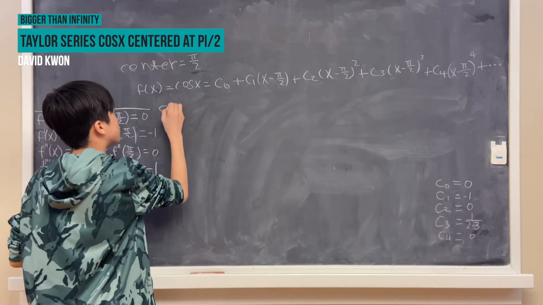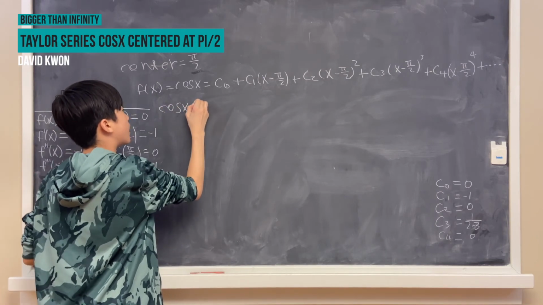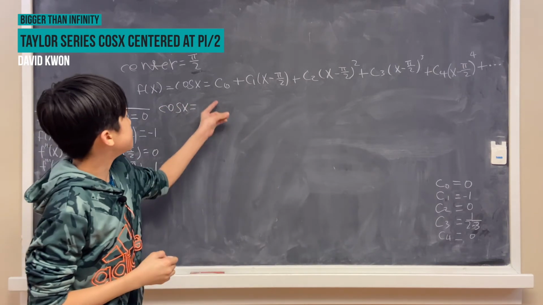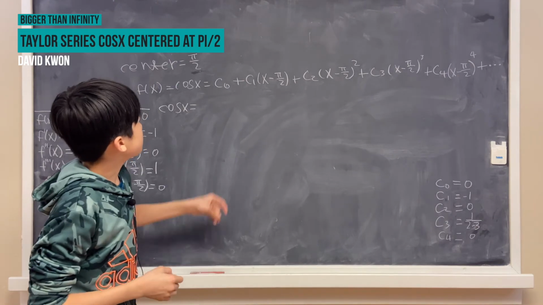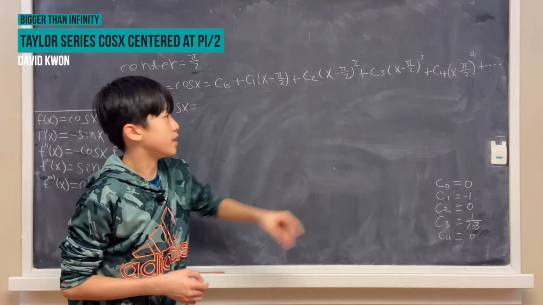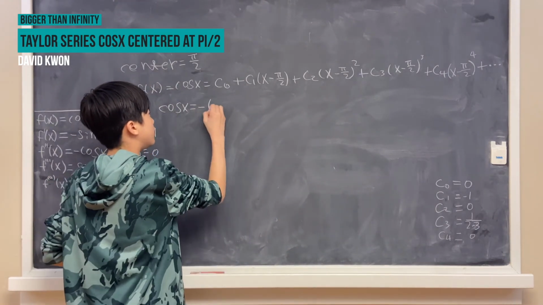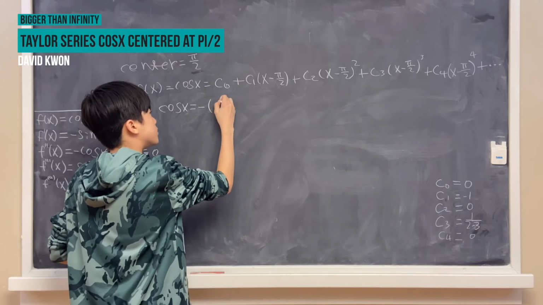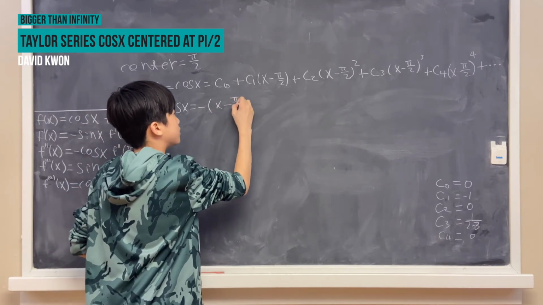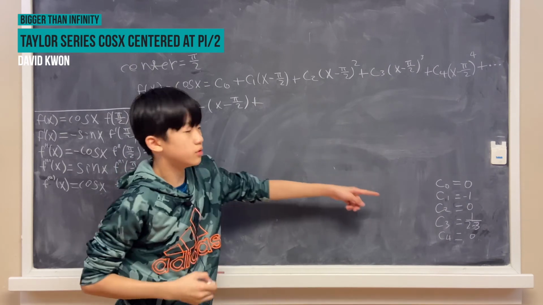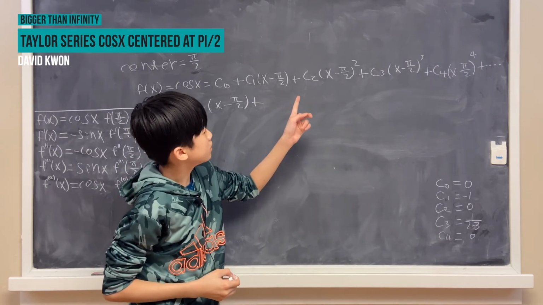So we have cosine x is equal to c sub 0 is 0, nothing goes there. C sub 1 is negative 1, so we have negative 1 times x minus pi over 2 plus c sub 2 is 0, so nothing goes there.